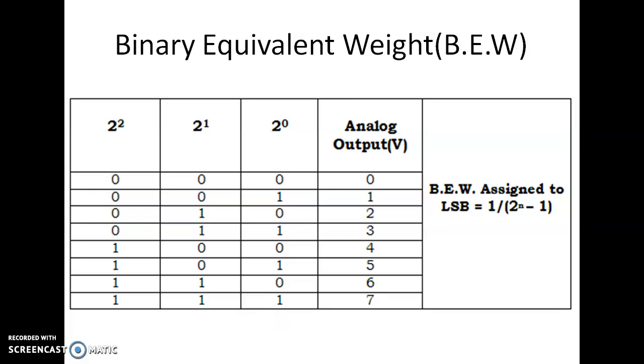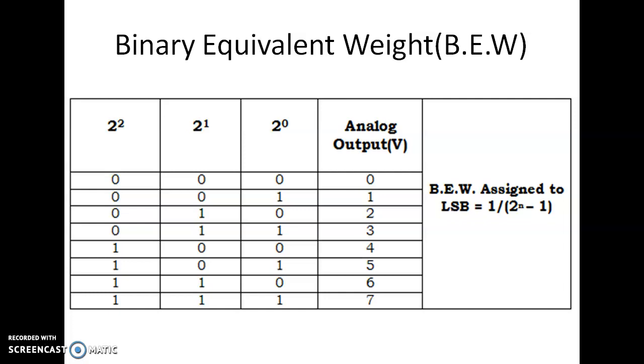The smallest change in the digital input is represented by the LSB, the least significant bit. This column is the LSB column. If only the LSB changes, we want the analog output to change by 1 volt, which is 1/7 of the total analog range.